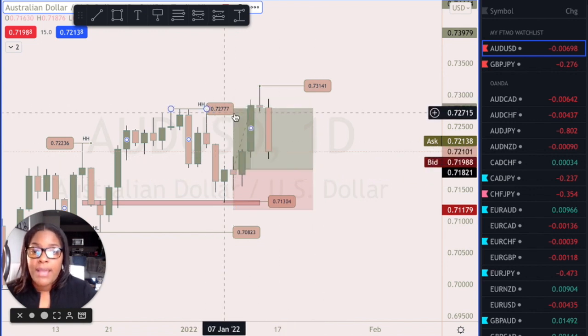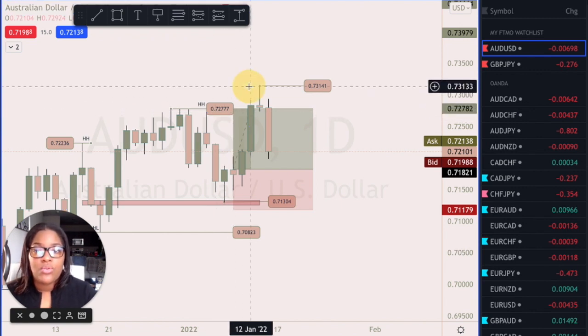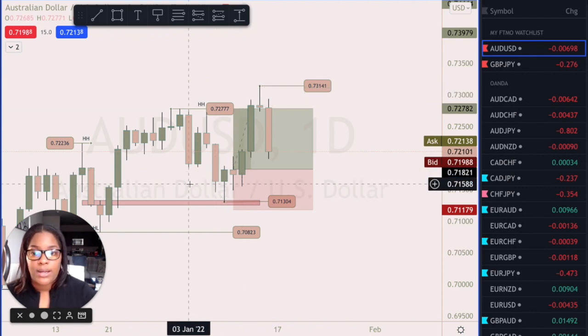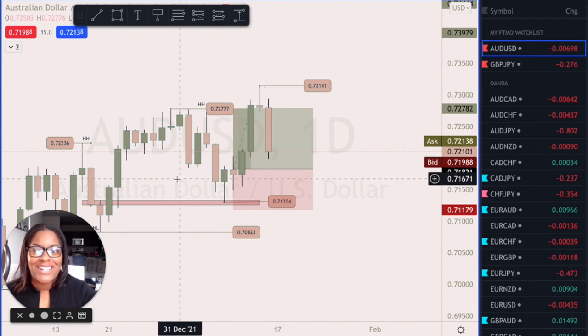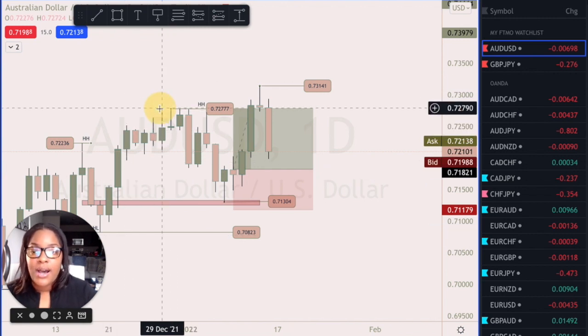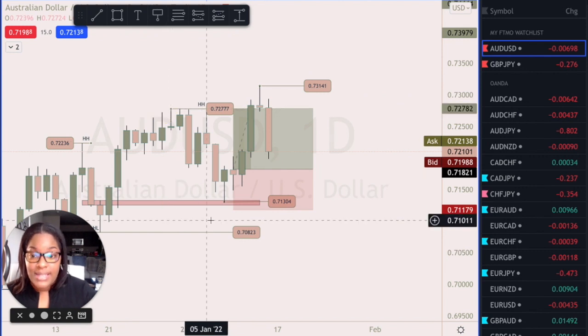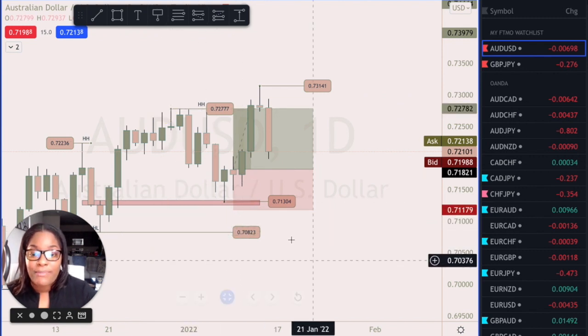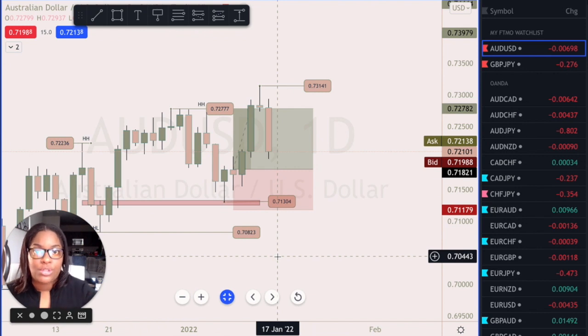And so I was trading back up to the high here at 0.72777, but now we made a new higher high. But here were the conditions met before price actually went up. Price was trending, okay? Price went up from 0.70823 up to 0.72277, and it proved that it could stay above 0.70823.